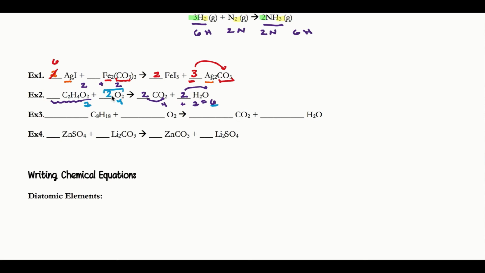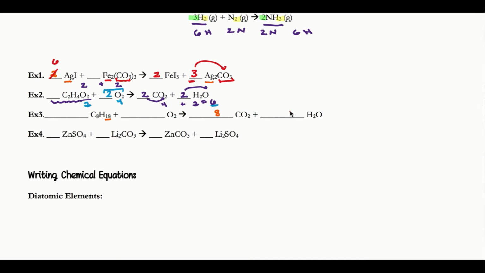Okay, let's look at a slightly trickier balancing. I have C8H18 reacts with oxygen to form carbon dioxide and water. So again, I'm going to first balance my carbons, then my hydrogens, and then my oxygens. So carbon, I've got 8 on my reactant side, so I'm going to put an 8 in front of carbon dioxide. Then I've got 18 hydrogens on my reactant side. So what would I have to put in front of water in order to get 18 hydrogens?